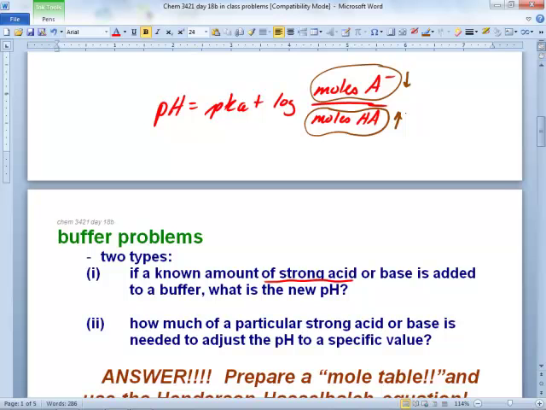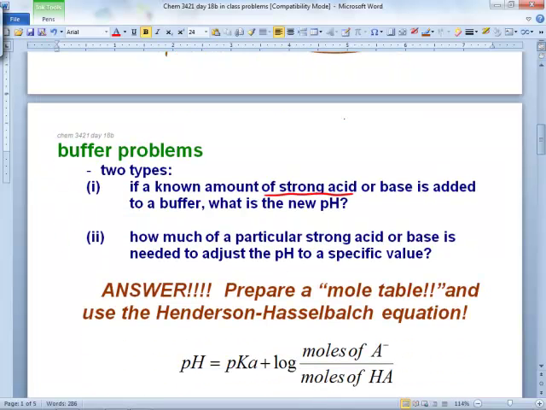Or another type of question: how much of a strong acid or base is needed to get the pH to a certain value? So we want to get the pH over here. How much should we add? Again, we're playing around with these numbers and keeping track of them. Well, to me, that means ICE mole table. We've done this a lot.